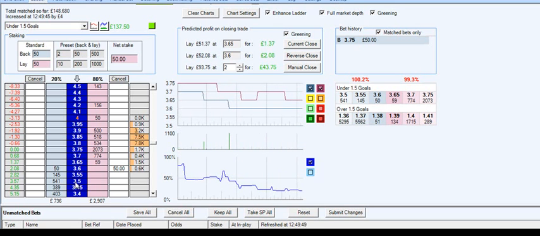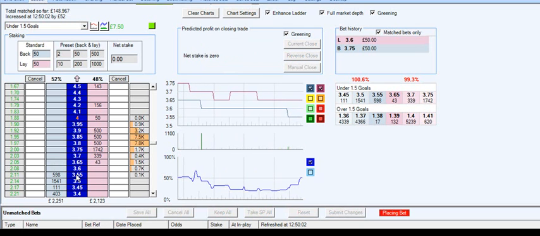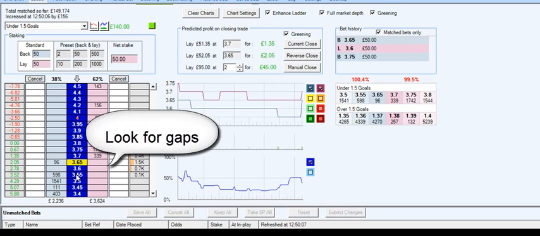So we're just sitting there. Ideally, there we go, we've been matched, so we're going to go straight back in at 3.65. There's very little money there, so we should get matched fairly quickly, which we have. And there's a gap at 3.6, so on this occasion we're just going to try and take the 1 tick.